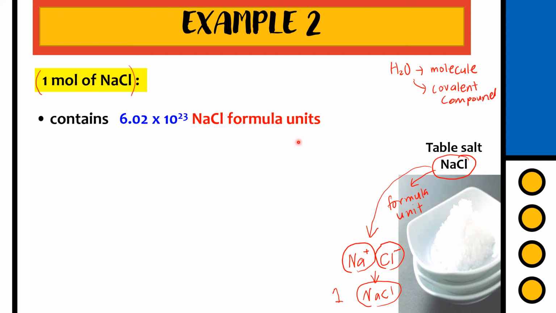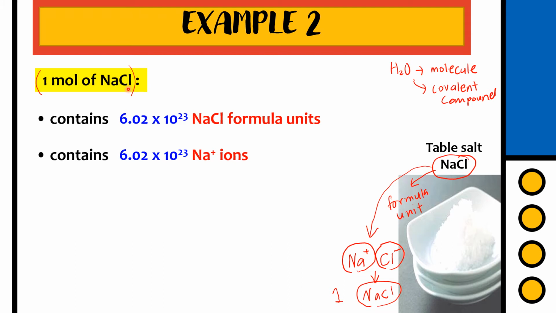Okay, dan dalam NaCl tadi kita dah pecahkan kepada Na plus dan Cl minus. So dalam 1 mole NaCl, how many Na plus yang kita ada? Kalau satu formula unit ada 1 Na plus, kalau 1 mole NaCl, it will contain 6.02 times 10 to the power of 23 Na plus ions.